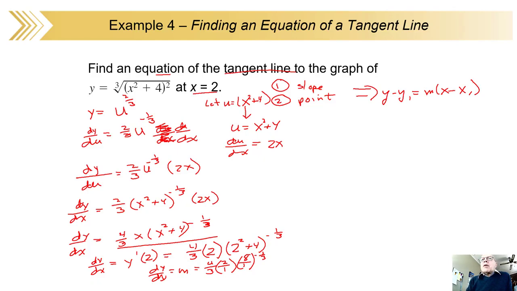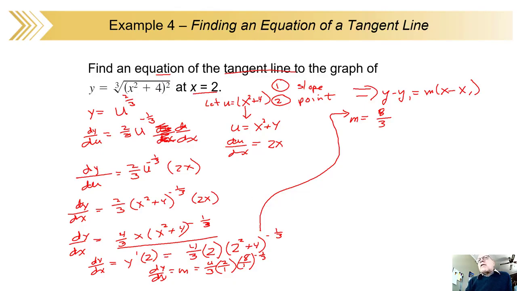And that 8/1 is to the -1/3 power. So I'm going to bring that up here so I get a little bit more room. So my slope is 4/3 times 2, which would be 8/3. That's the first two factors.